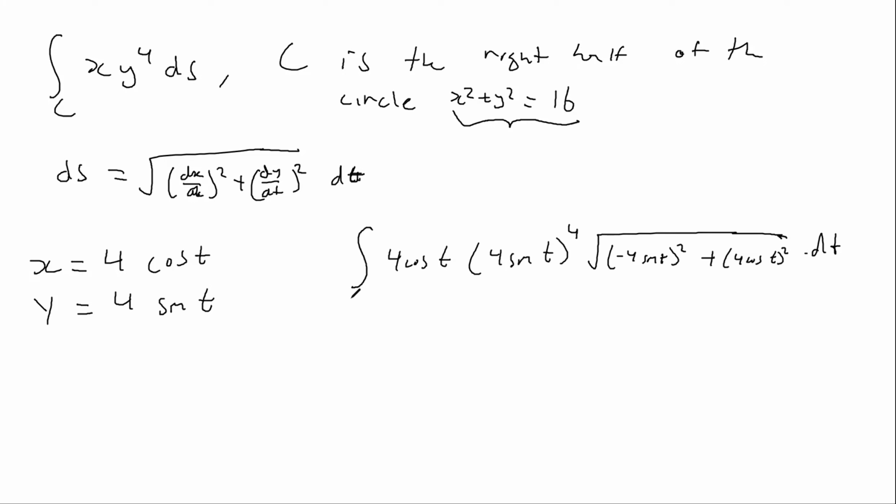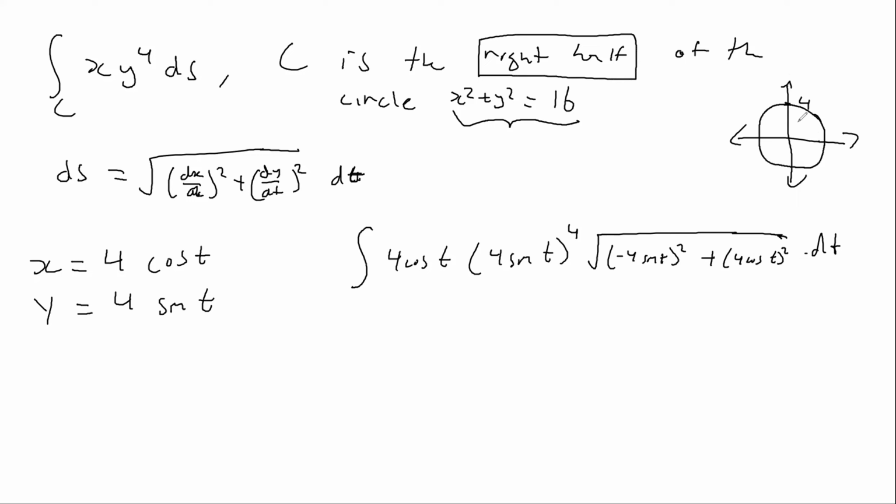Now let's not forget about the bounds. Since we're only considering the right half of the circle, I'm going to represent t in radians. For this circle of radius 4, for the right half it starts from negative pi over 2 up until t is equal to pi over 2.